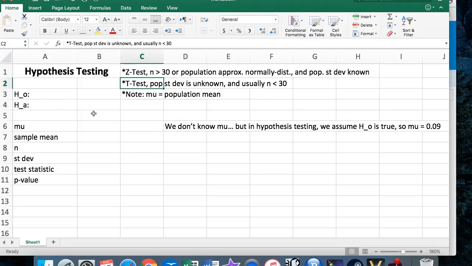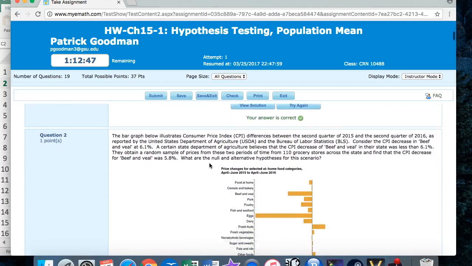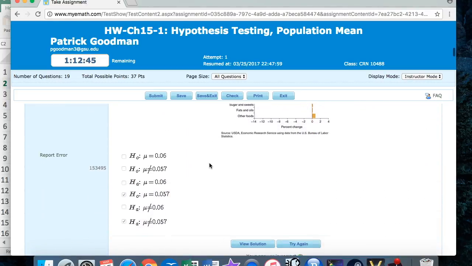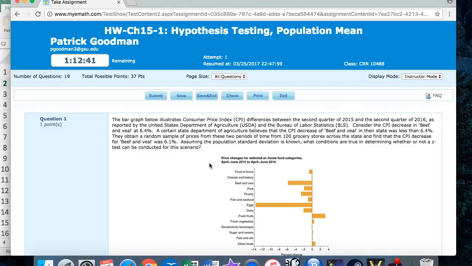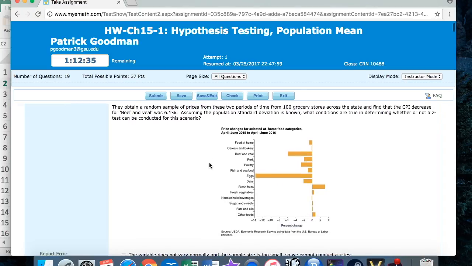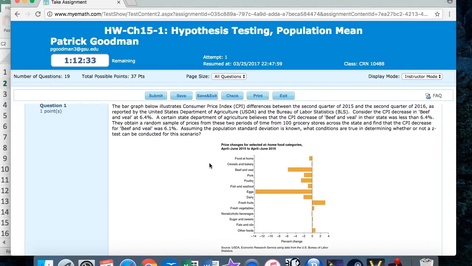Okay, so let's do some of these problems here. A few of these are just concept questions, and then we have to get into finding our test statistic using the formulas that we talked about last week and that you did in your homework last week as well. So let's read one of these problems and see what we're dealing with here.